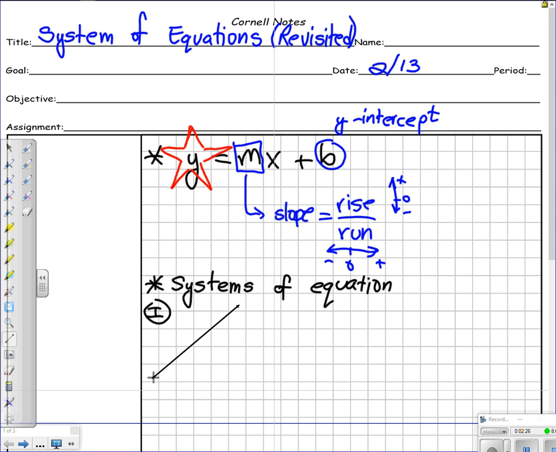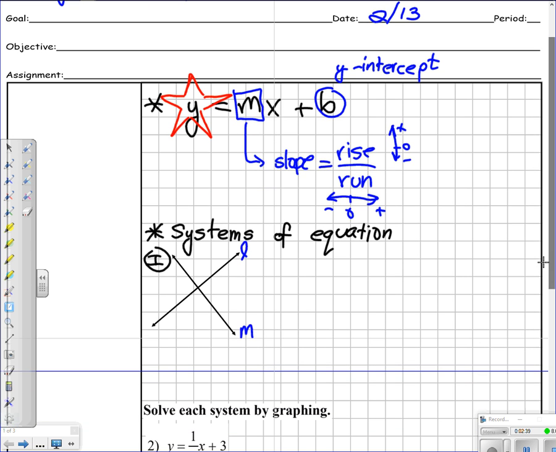There'll be a line like this, and a second line like this. We call this line L and this line M. If they intersect, you say they have one solution. And the solution is where the two lines touch each other. They intersect. Okay, so that's the solution. Tell me the x value of that point, the y value, and that's it. You gotta tell me what it is.